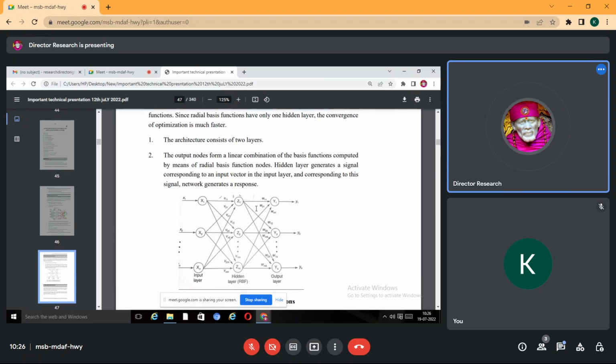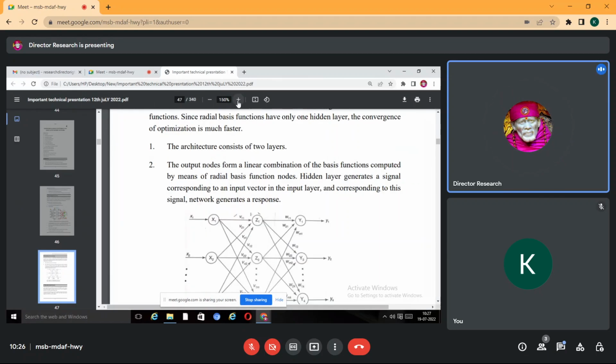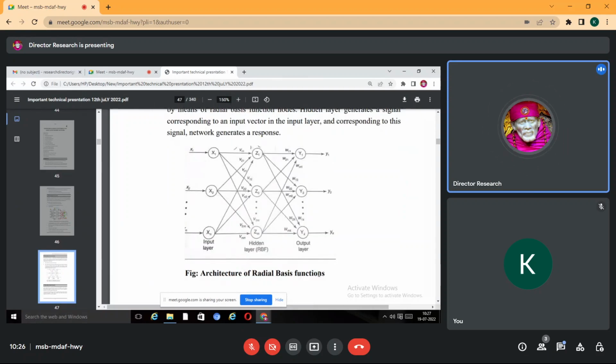The output nodes form a linear combination of the basis functions computed by means of radial basis function nodes. The hidden layer generates a signal corresponding to an input vector in the input layer, and corresponding to the signal the network generates a response. We examine the layers of the architecture of radial basis functions: input layer, hidden layer, output layer.